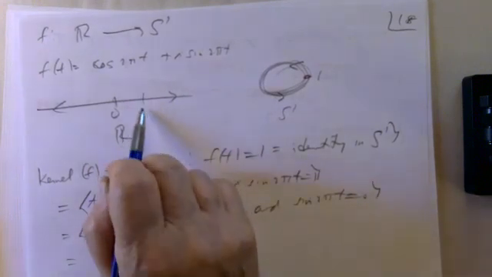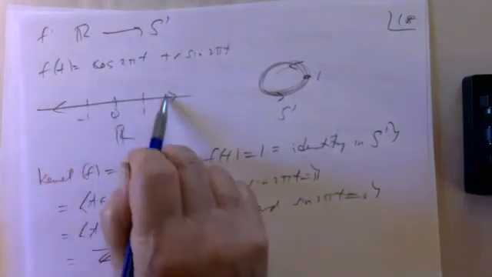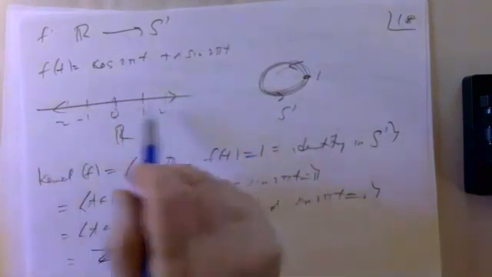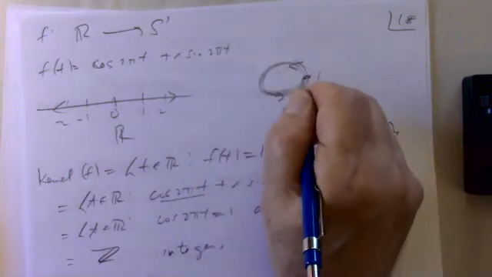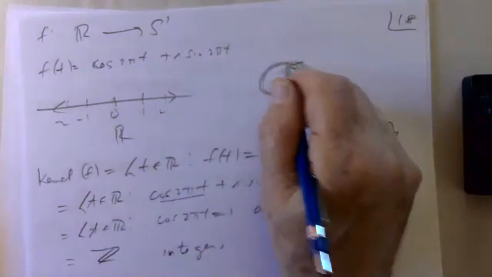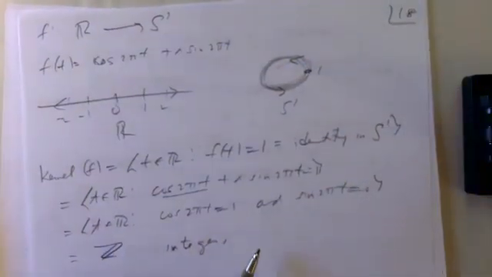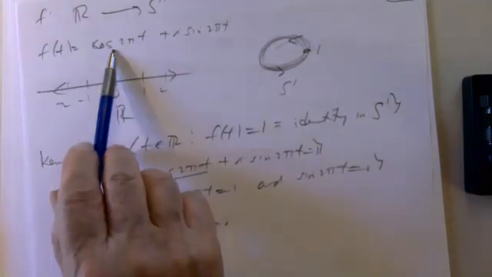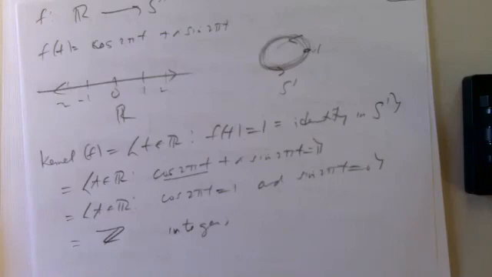So that's really very nice. As you wrap this line around the circle, 0 gets sent to 1, 1 gets sent to 1, 2 and minus 1, minus 2. The integers are exactly the numbers that this homomorphism maps to the identity on the unit circle. So the kernel was Z.